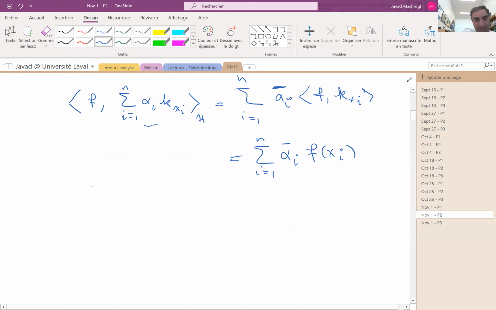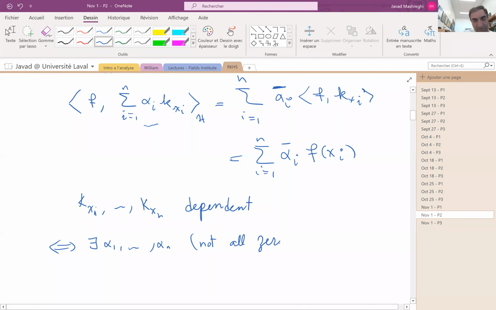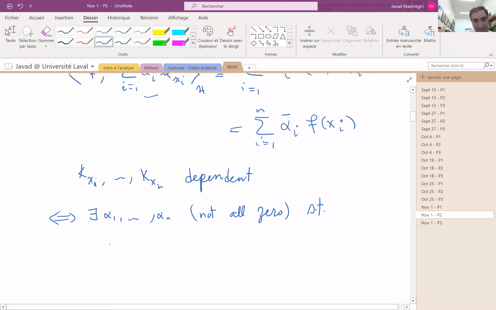They are dependent if and only if there are alpha 1 up to alpha n, not all 0, such that the sum of alpha I kxi is equal to 0.